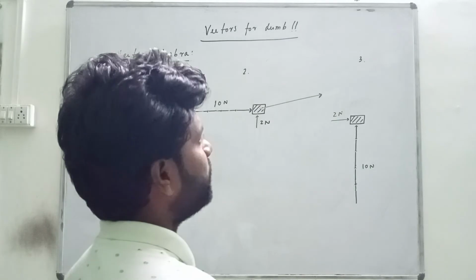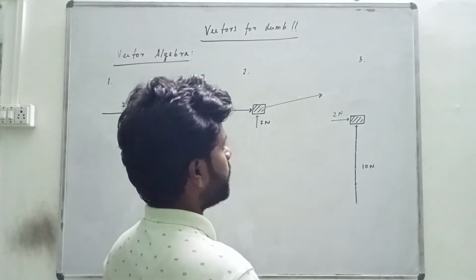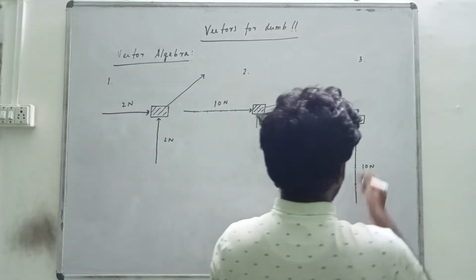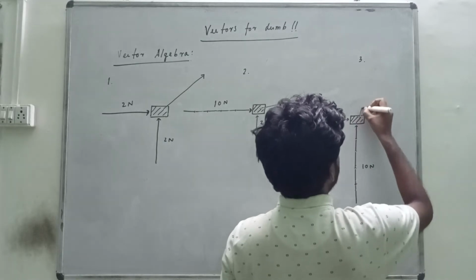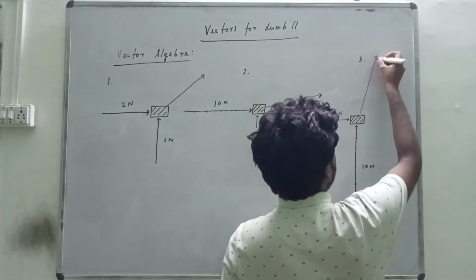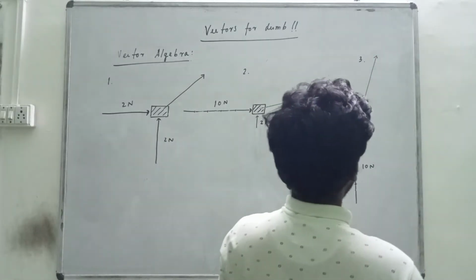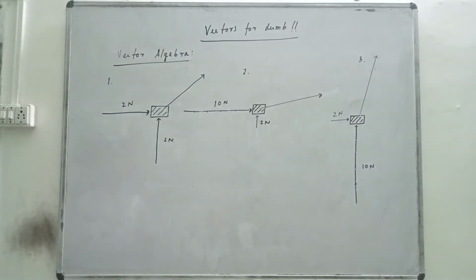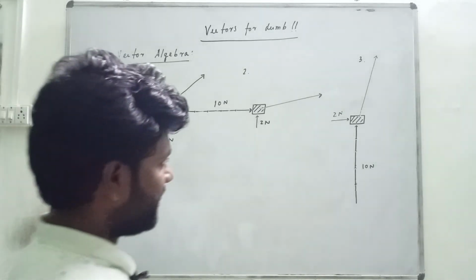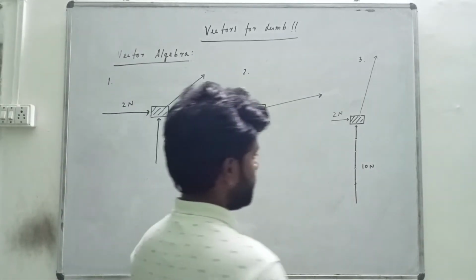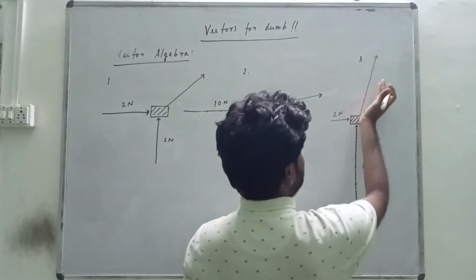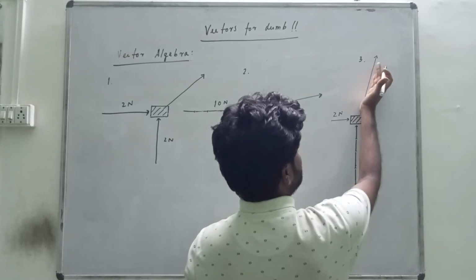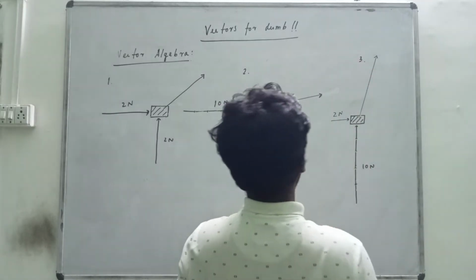So in what direction does the block go? Obviously, your intuition tells you the block will go in that direction, because it's a larger force here, so the block will somehow incline with the larger force.